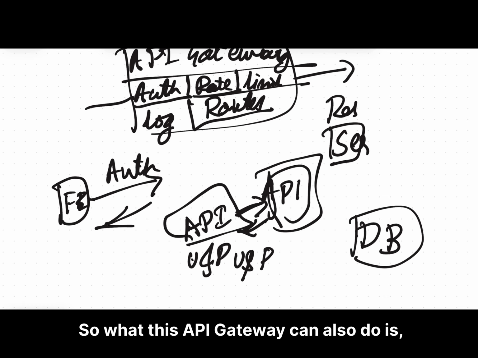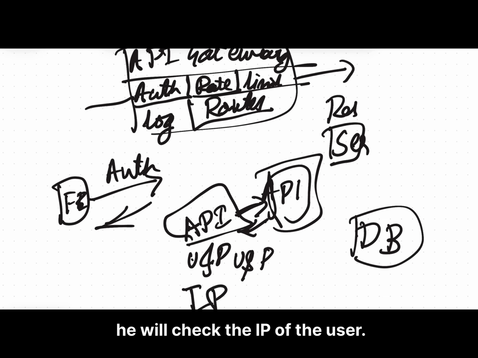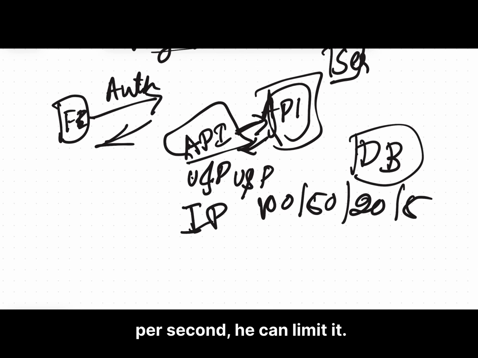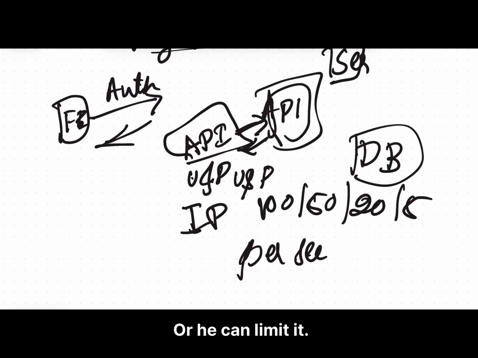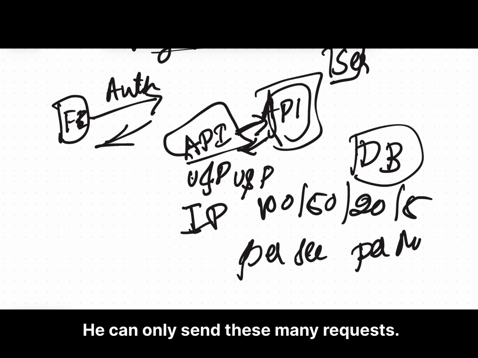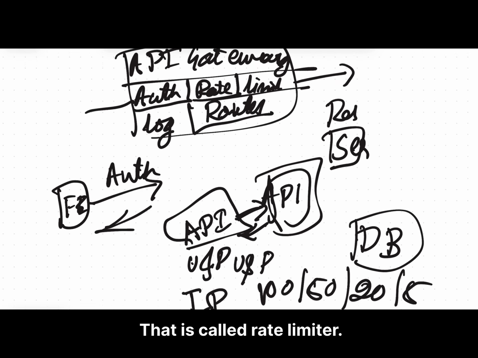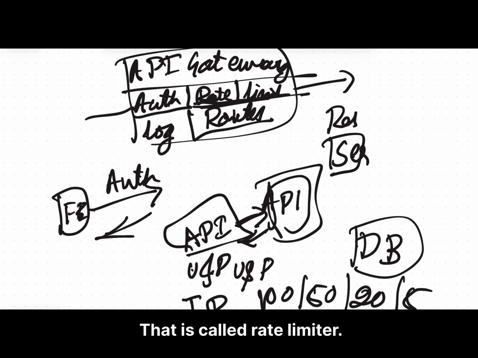What this API gateway can also do is check the IP of the user. If he is sending more than 100 requests or 50 or 20 or 5 requests per second, it can limit him, or per minute, he can only send this many requests. Those types of things you can do. That is called rate limiter.